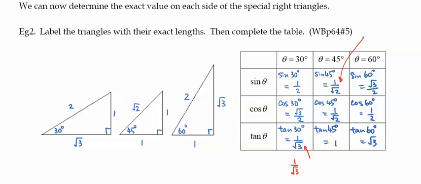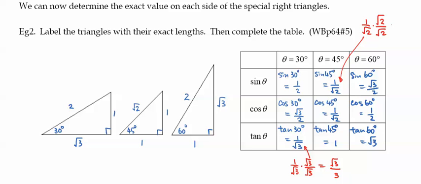So you may want to multiply the top and bottom, in this case, by root 3, giving us this ratio. Or you can choose to, for this case, multiply the top and the bottom by root 2.